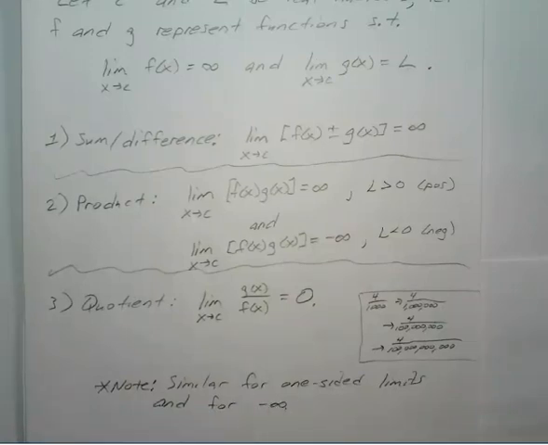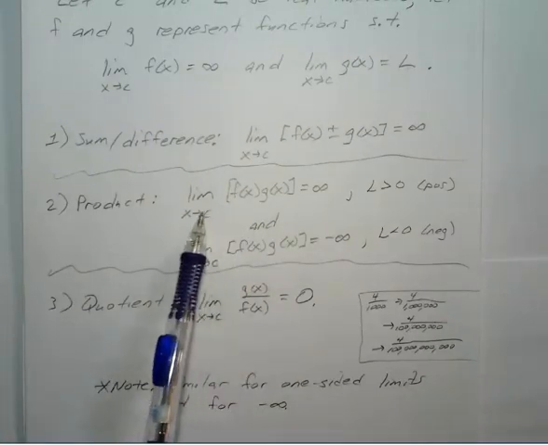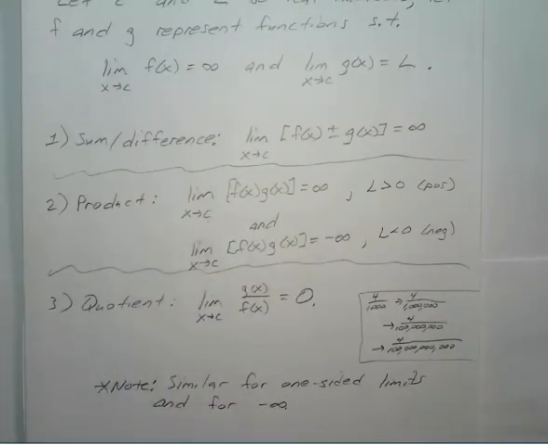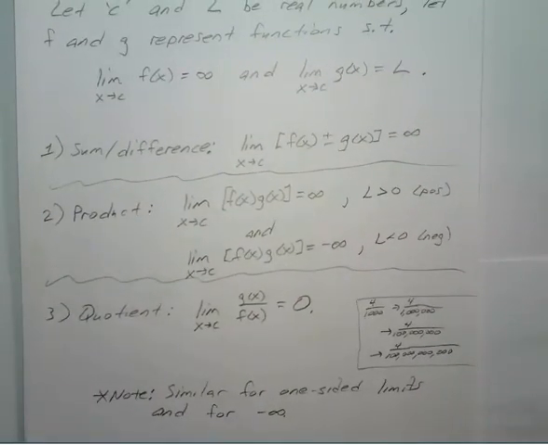So the rules are pretty much the same. If you apply all of these, x approaches c from the left or right, same thing. If you're still writing, feel free to press pause, but we're going to go ahead and move on to our first example.